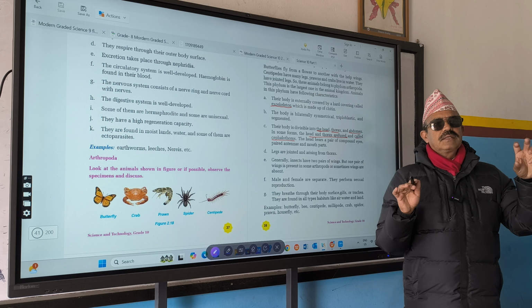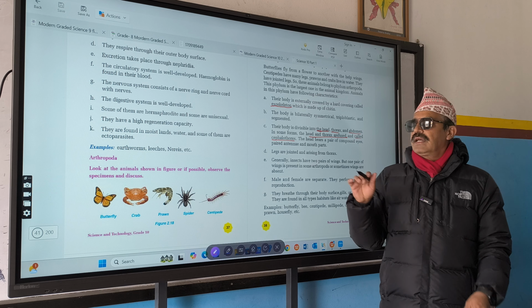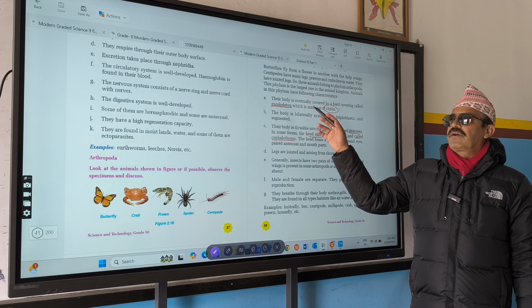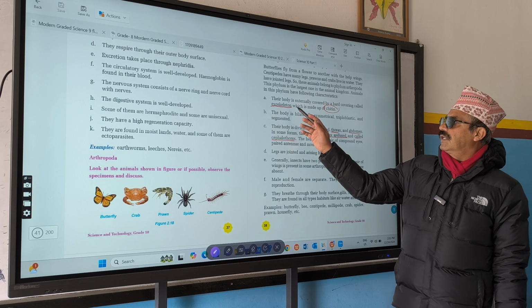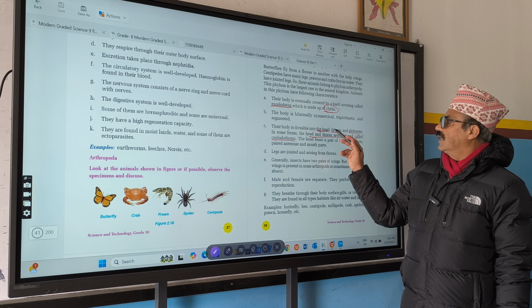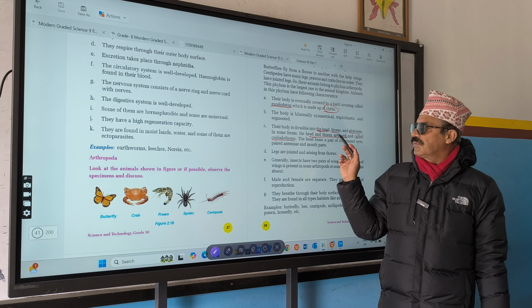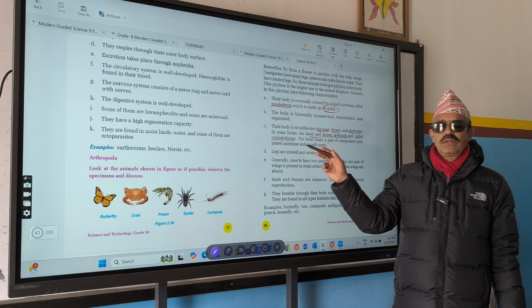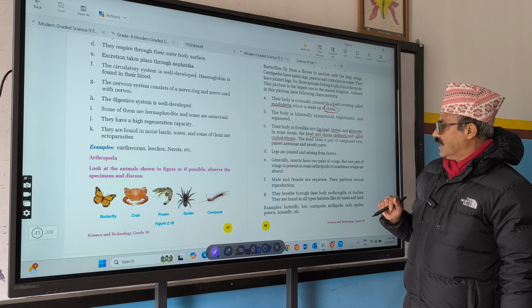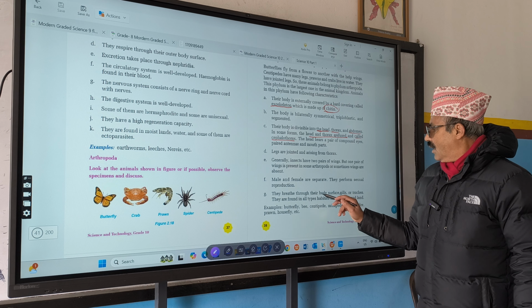Skeleton means hard part. Their outermost part is hard, and that is made up of chitin. This is also important. Some of them contain exoskeleton made up of chitin. Body is divided into head, thorax, and abdomen. In some cases, head and thorax are fused. That is called cephalothorax. Next one is, how do they breathe?